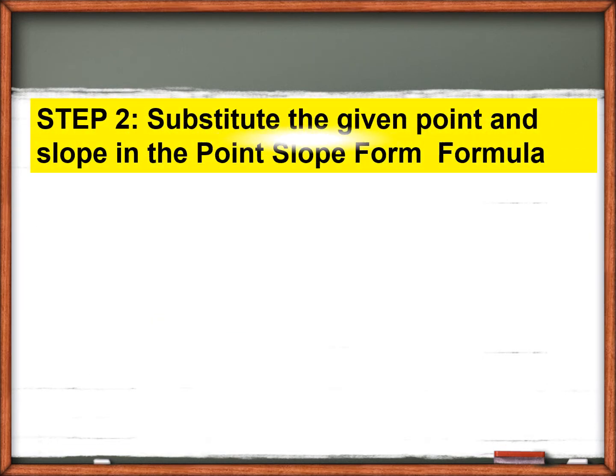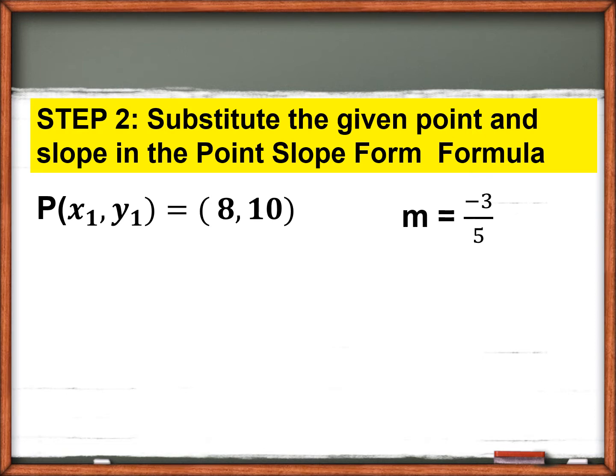Step number 2. Substitute the given point and slope in the point-slope form formula. Our given point is 8, 10, while the given slope is negative 3 over 5. The point-slope form formula is y minus y sub 1 equals m quantity x minus x sub 1.